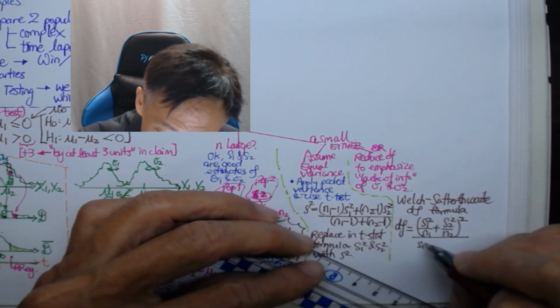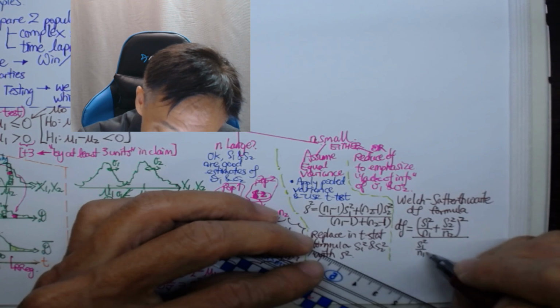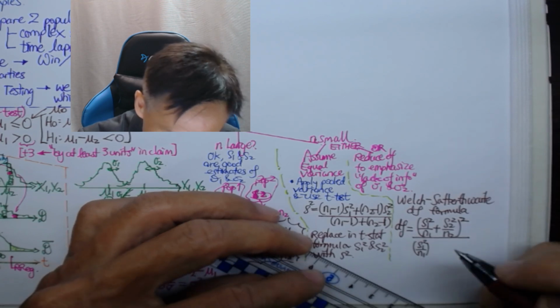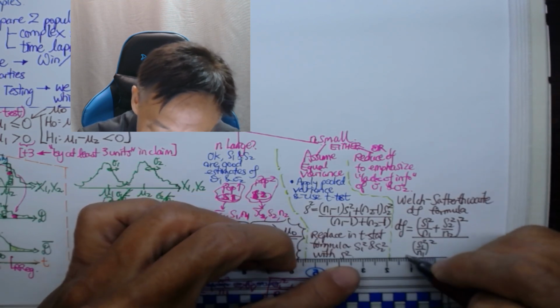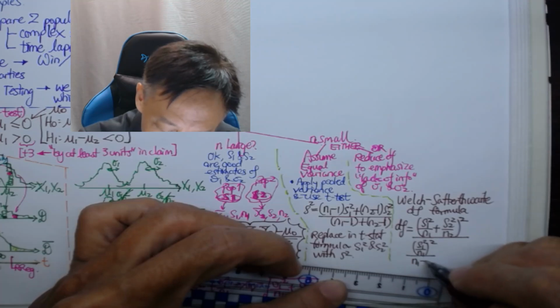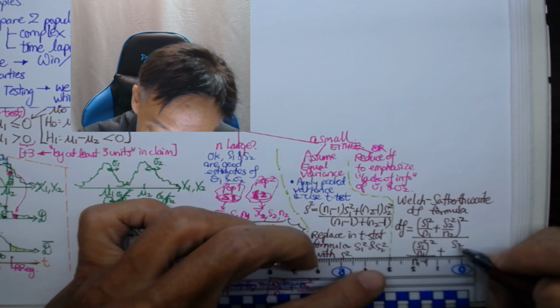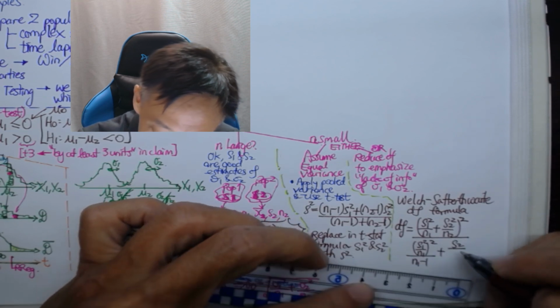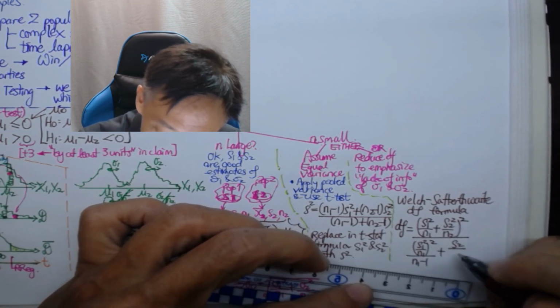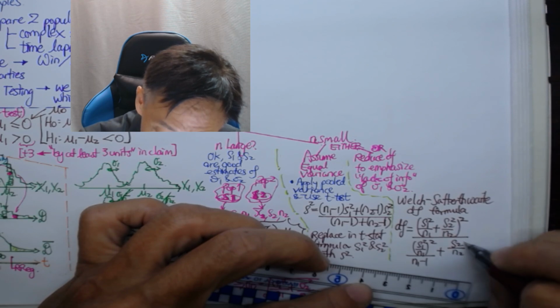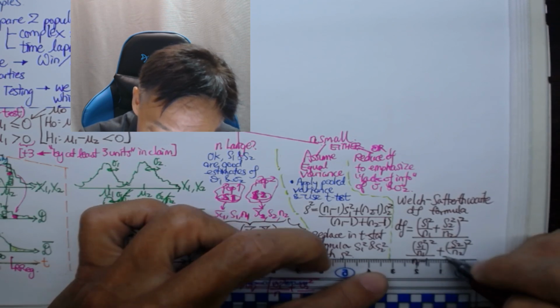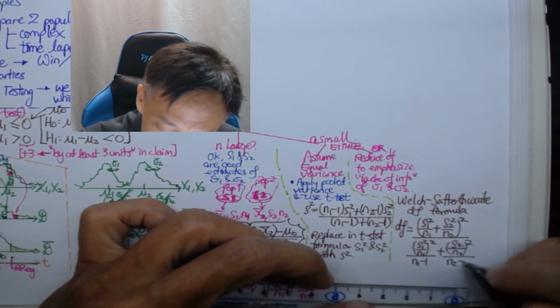And so S1 square over N1, this seems to be the same ratio that's being used throughout. And then you divide again by N1 minus 1. But this stacking is done up to this level, 1, 2, 3, 4, 5 levels. Okay, so square over, and you can guess it will be N2 minus 1.